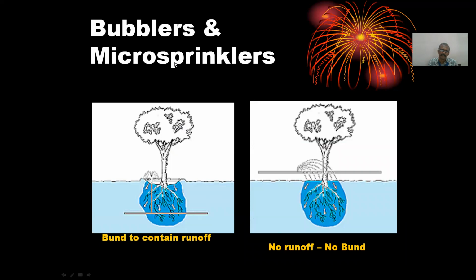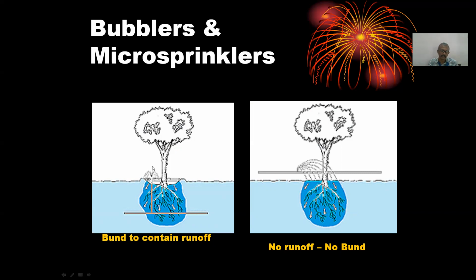Third is the bubblers and the microsprinklers. Sprinkler is a separate subject, and microsprinklers are most of the time classified under drip irrigation only. That's a strange way, but it is the convention. With bubblers and the microsprinklers, the discharge rate of each emitter will be larger. You will get a kind of stream like 50 liters per hour, or 150 liters per hour.